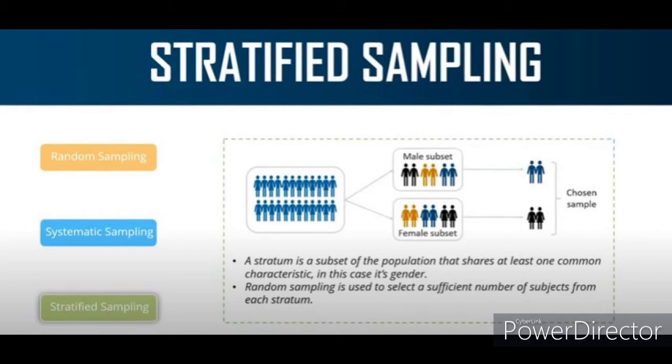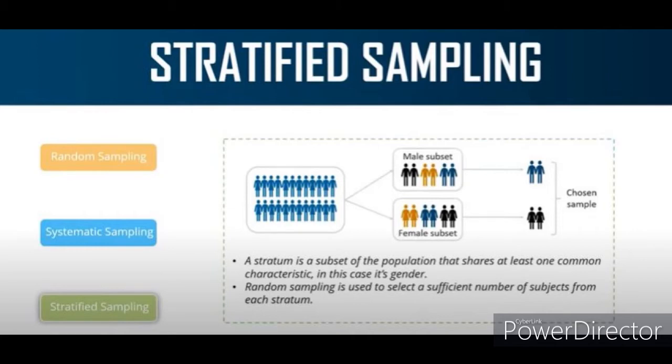Alright, this is what a stratum is: basically a subset of the population that shares at least one common characteristic. In our example, it is gender. After you've created the strata, you're going to use random sampling on the strata and choose a final sample. Random sampling means that all of the individuals in each of the strata have an equal chance of being selected in the sample, correct?